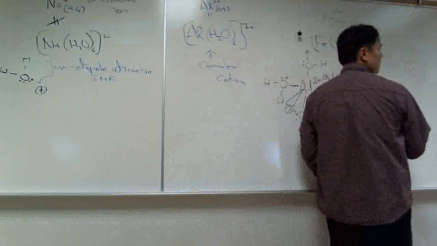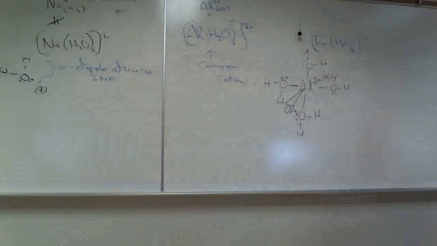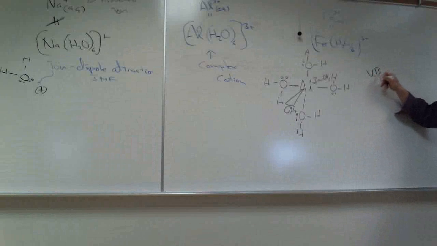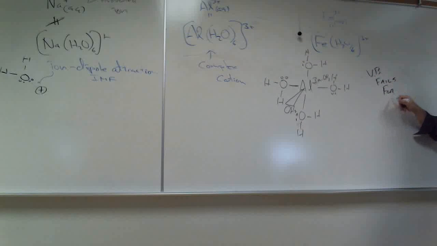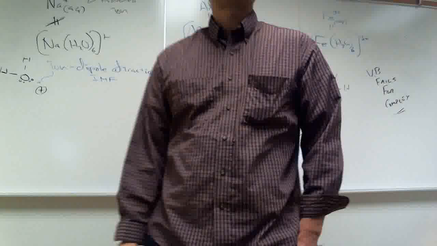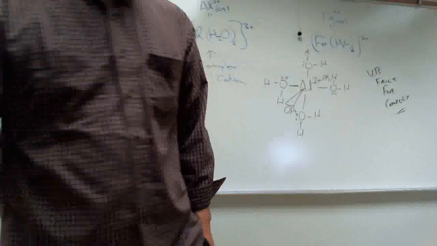Valence bond fails for complexes. We don't use valence bond to describe the bonding in complexes. It just doesn't work. We have to use what to describe the bonding in complexes? We must use MO theory.